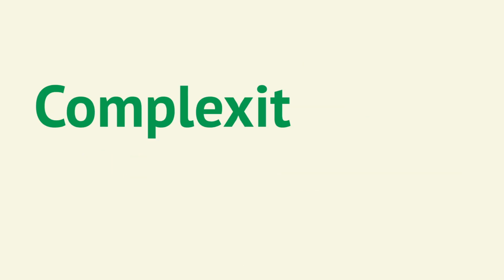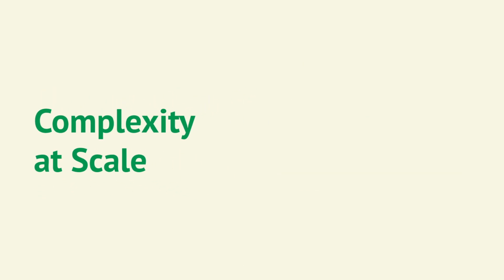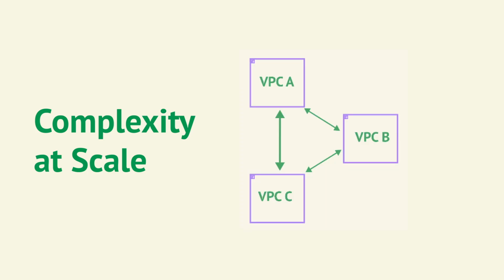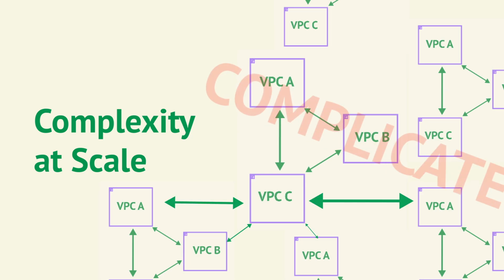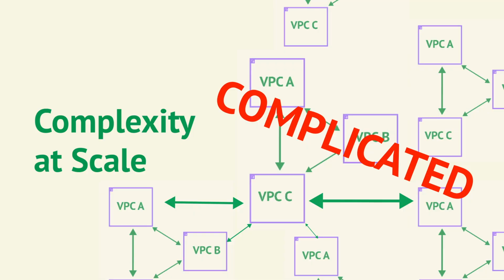Now, this is what creates a lot of complexity at scale. As the number of VPCs grows within your architecture, peering requires individual point-to-point connections between every pair that needs to communicate. So connecting a lot of VPCs becomes operationally difficult to manage as your network grows.